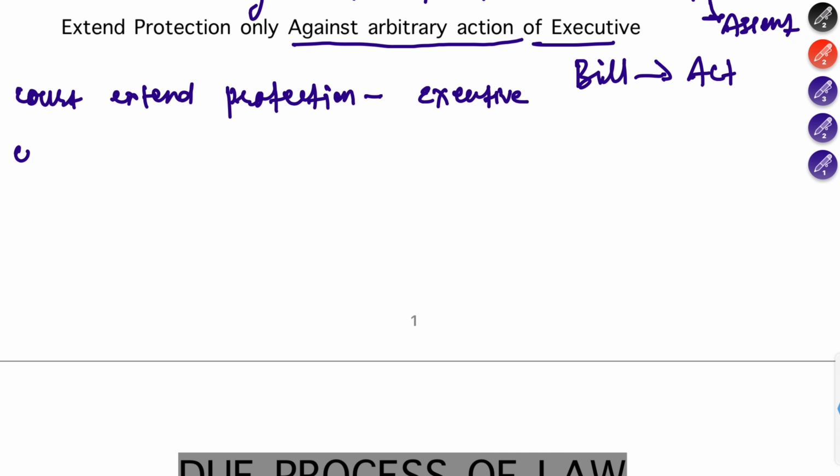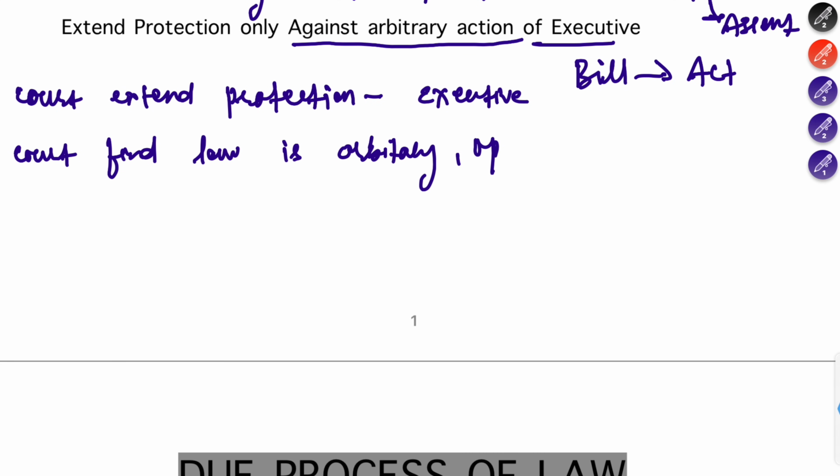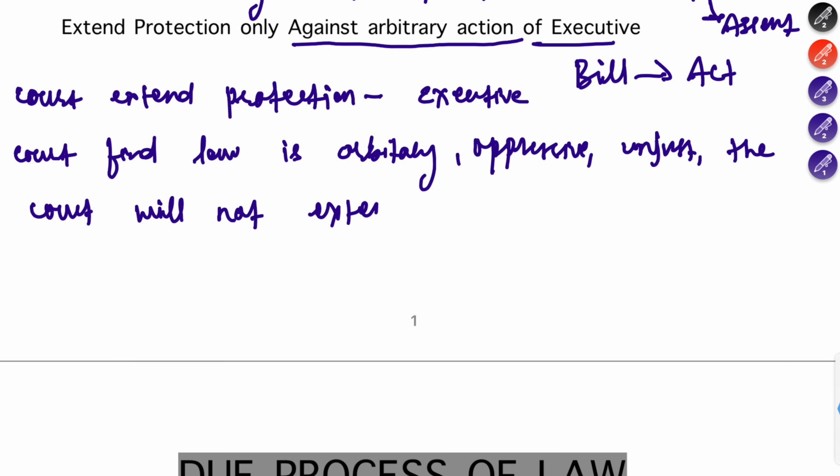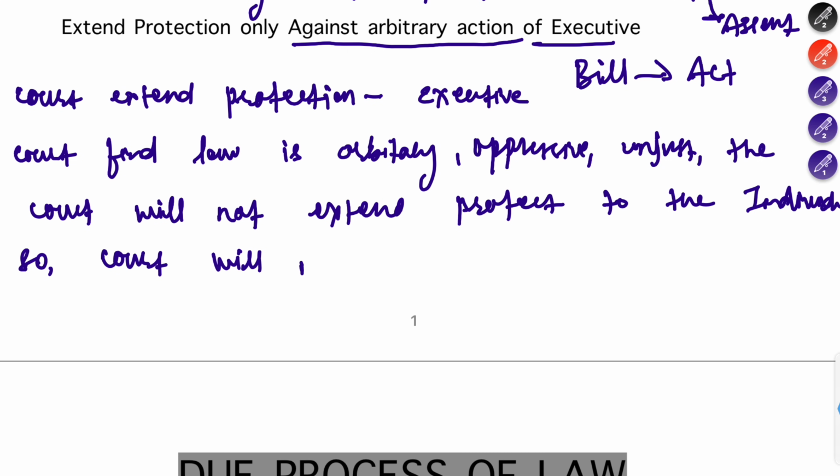If the court finds the law arbitrary, oppressive, or unjust, the court will not extend protection to the individual against the legislature.